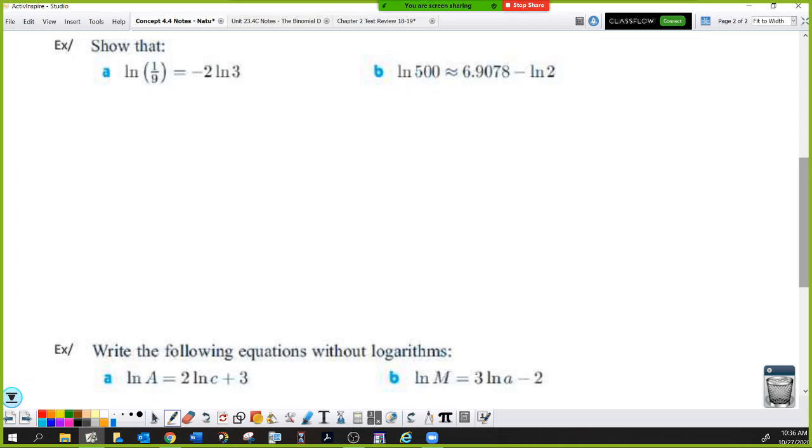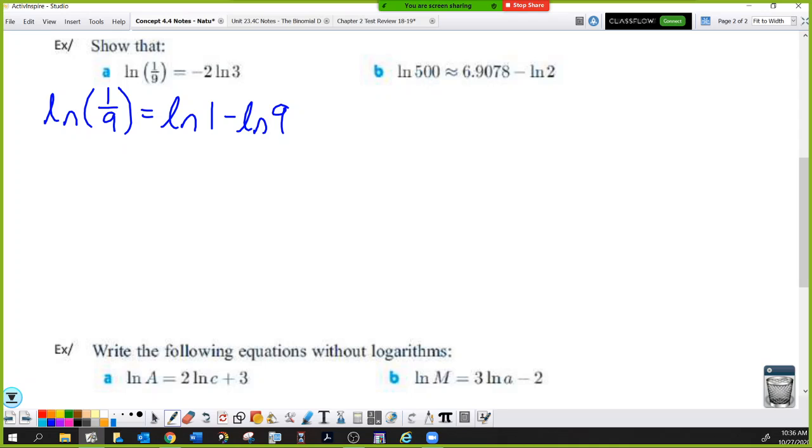So show that these are true. Remember, show that means you have to start on the left and work your way to the right. So we go, okay, the ln of 1/9, that is the ln of 1 minus the ln of 9. Ln of 1. Well, remember, ln is a logarithm.